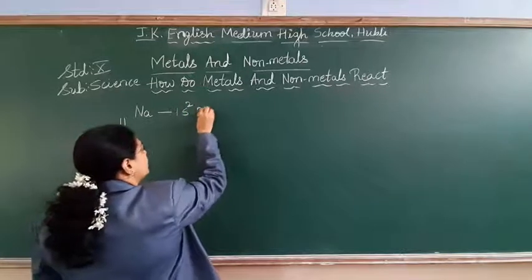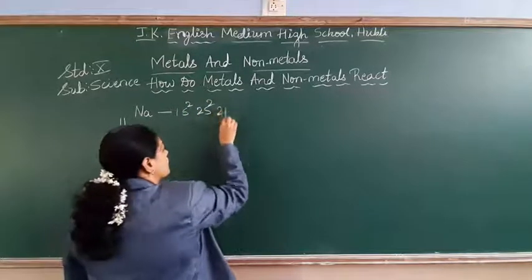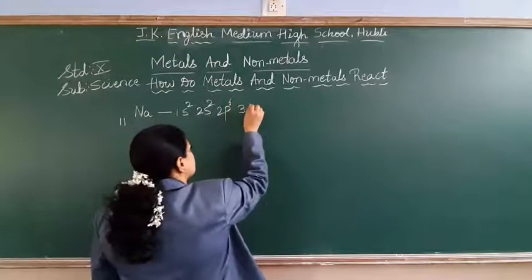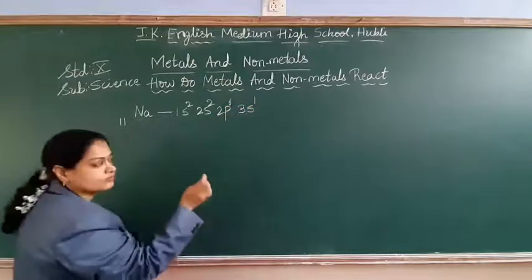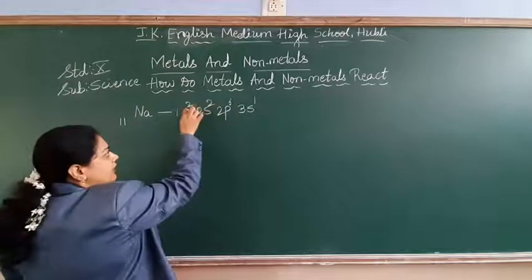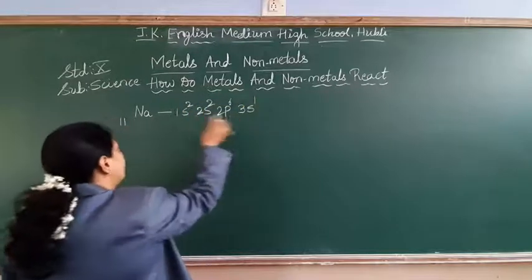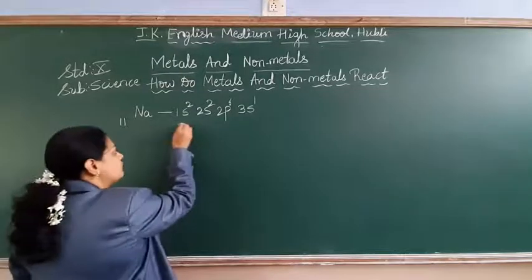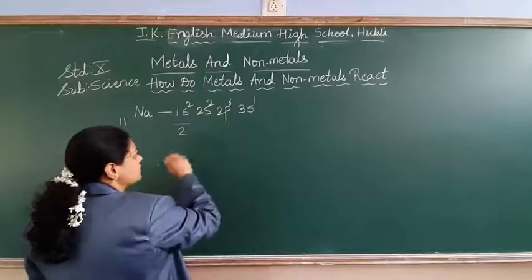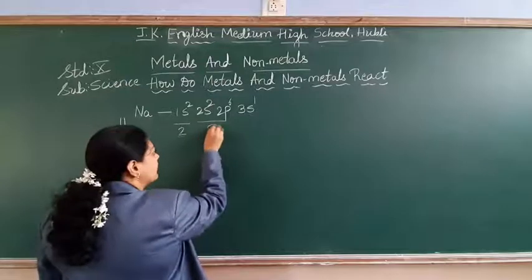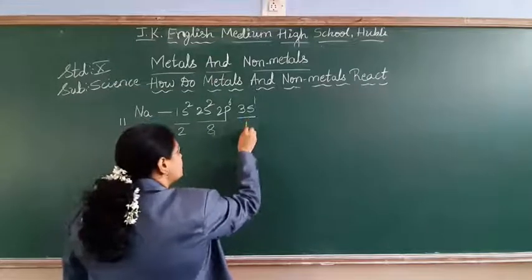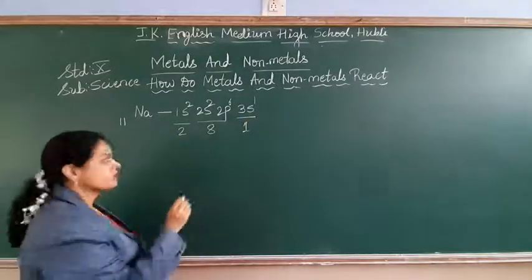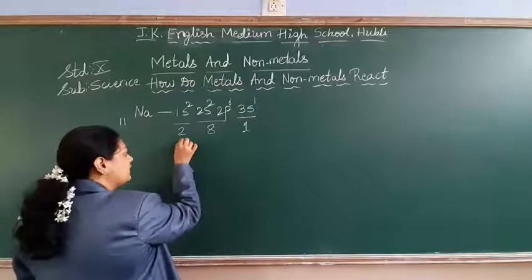1s2, 2s2, 2p6, 3s1. 11 electrons I have distributed. It means the first shell with 2 electrons, second shell with 8 electrons, third shell with 1 electron. Right?